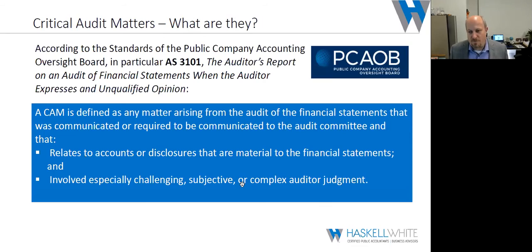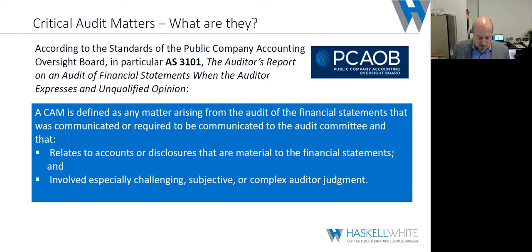And so this is probably a strange presentation because this affects us as your auditors, or those of you that are clients. It affects your auditors a little bit more than it does you, in the sense that this is an audit standard that we have to apply for companies. So the PCAOB has in their audit standard AS 3101 in reporting, which is a newer standard that's been updated in the last few years.